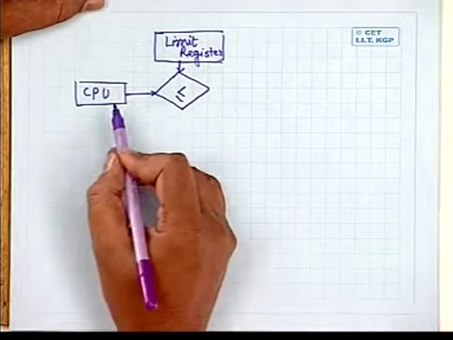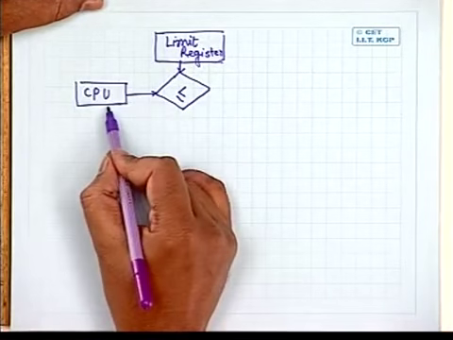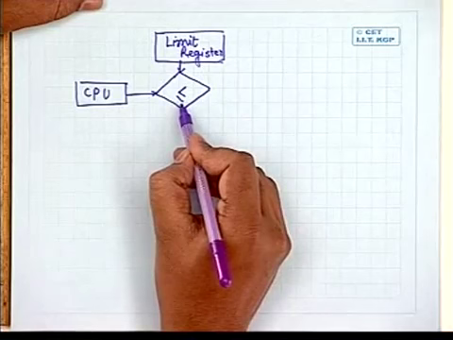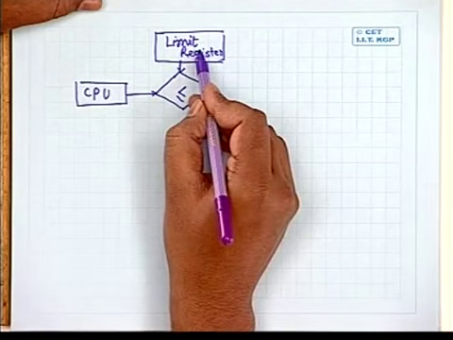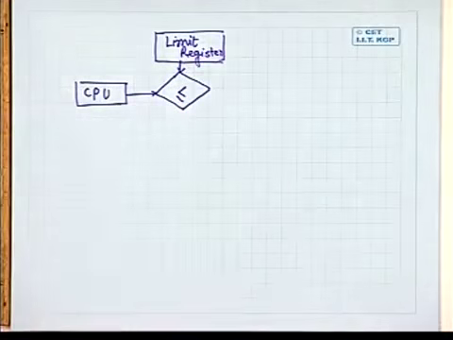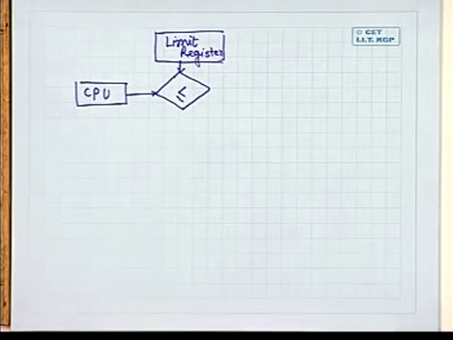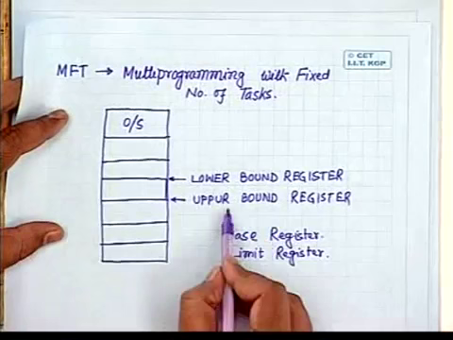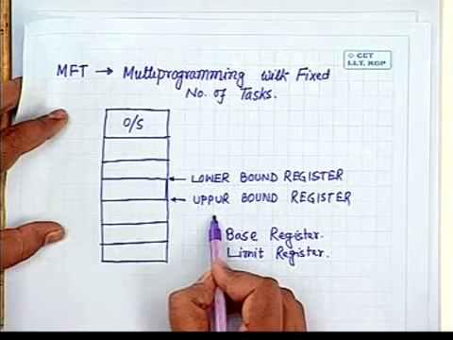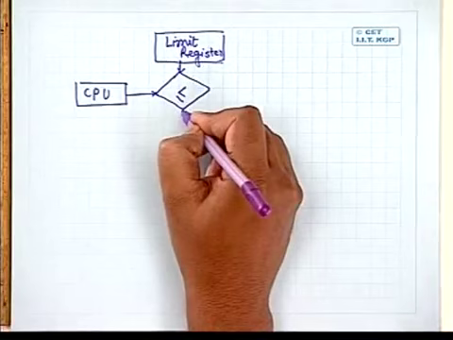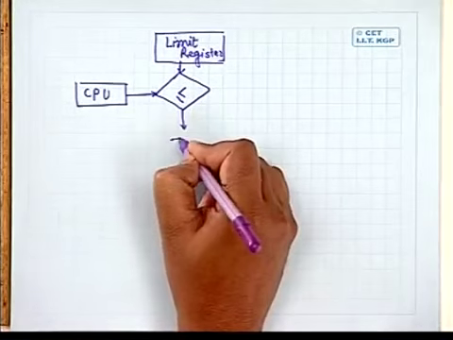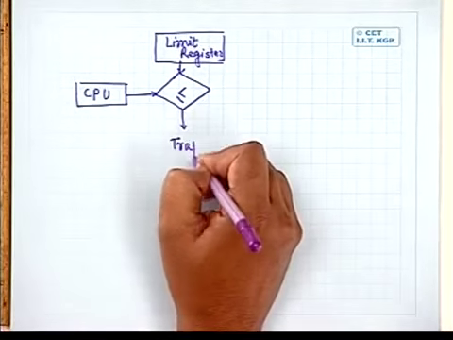If the address generated by the CPU is not less than or equal to the content of the limit register, then obviously it is trying to access an area whose address is more than the content of the upper bound register. So in this case, there will be a trap and the process will be terminated.